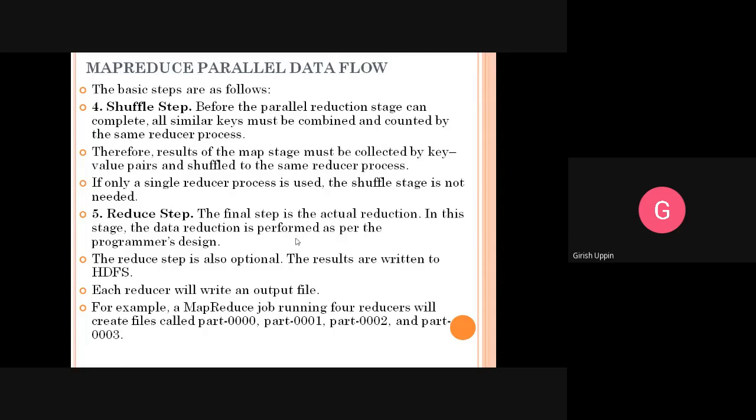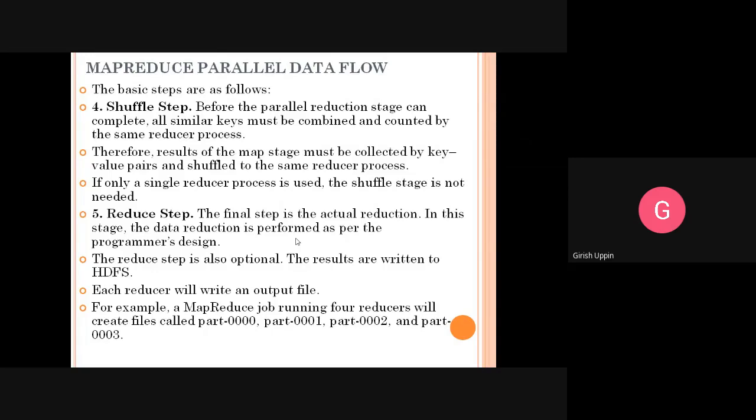Therefore, results of the map stage must be collected by key value pairs and shuffled to the same reducer process. If only a single reducer process is used, the shuffle stage is not needed. So if we have only one single reducer, then we don't need the shuffle. Otherwise, we would need the shuffle stage.